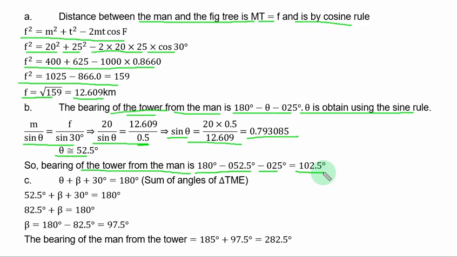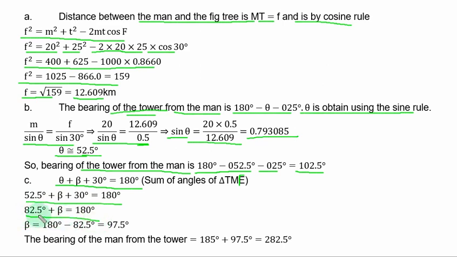So you need to get angle beta in triangle TMF. In triangle TMF, we know two of the angles, and if you add the three angles in the triangle, the sum is equal to 180 degrees. We know theta to be this, so you replace theta with what it stands for in this form. If you add the like angles in the left hand side, you have this result.